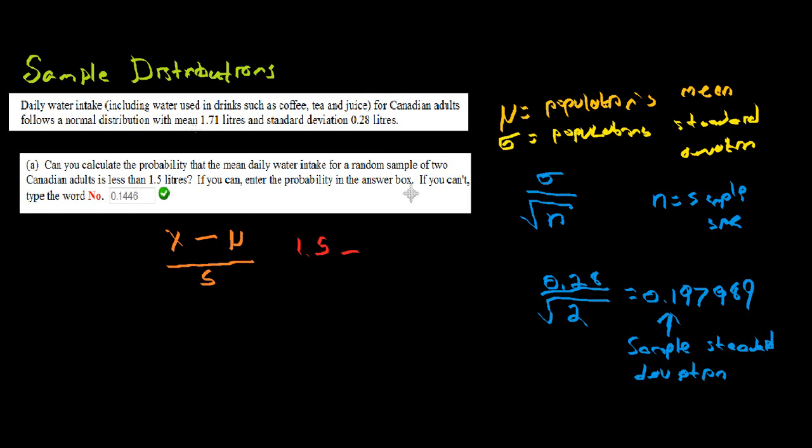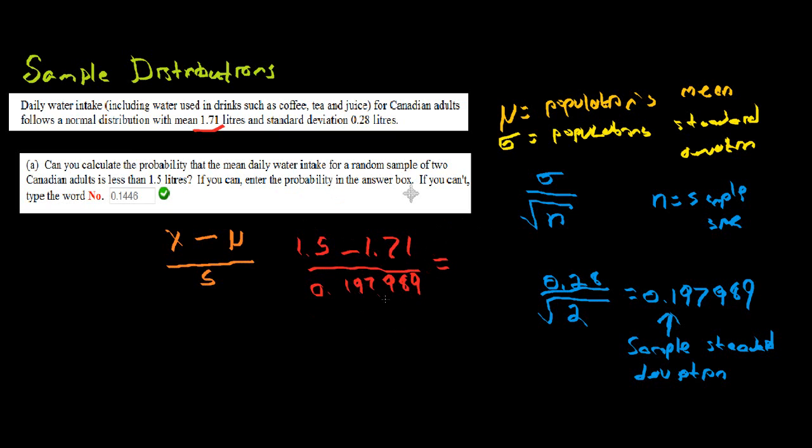So subtract, we're given it as 1.71 liters, divided by S. S is going to be the sample standard deviation, which we just found down here is 0.197989 or so. And this calculation here will give you a standardized value that we can actually use on a standard normal distribution to find the proportion that's associated with it.